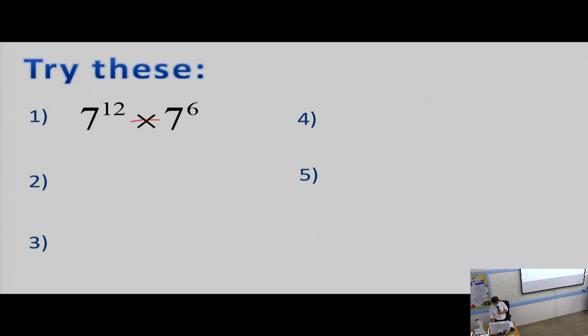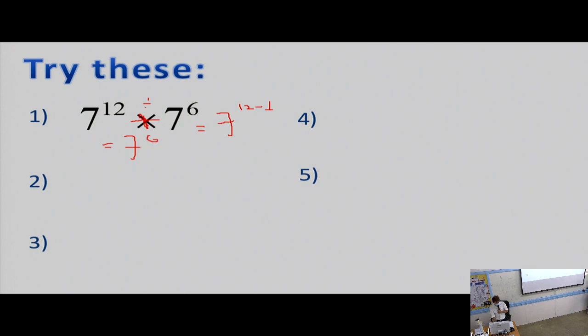This was wrong. It should be division. 7 to the power of 12 divided by 7 to the power of 6. That is 7 to the power of 12 minus 6, which is equal to 7 to the power of 6.